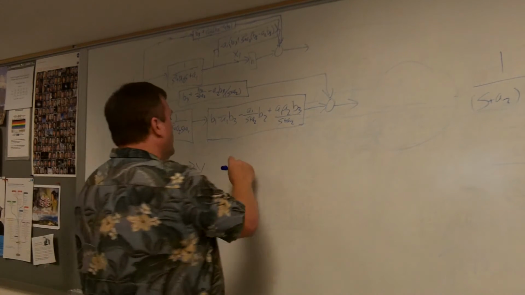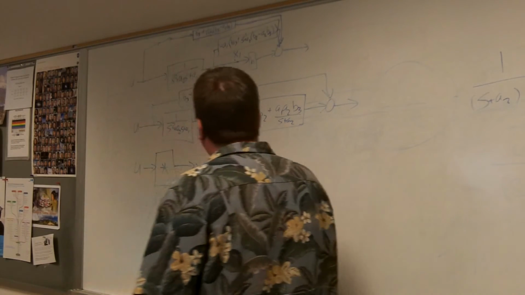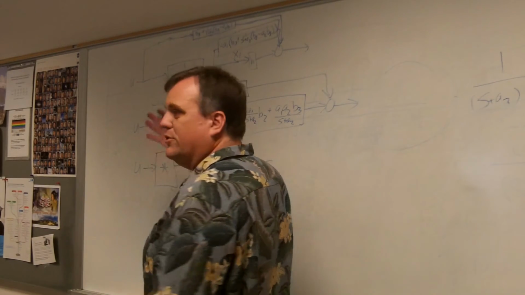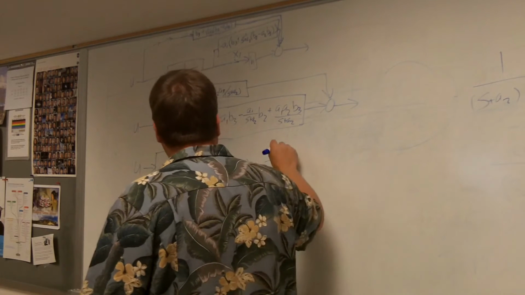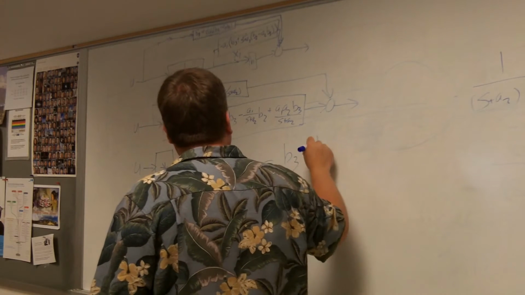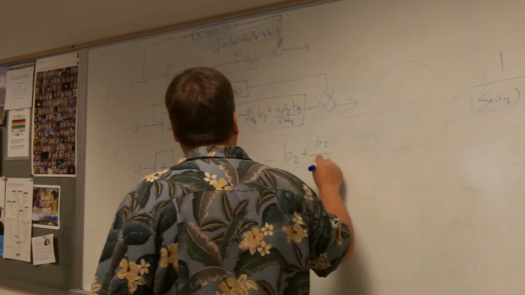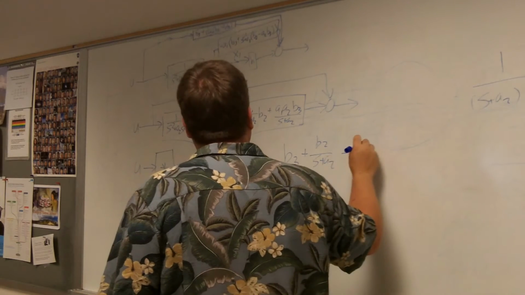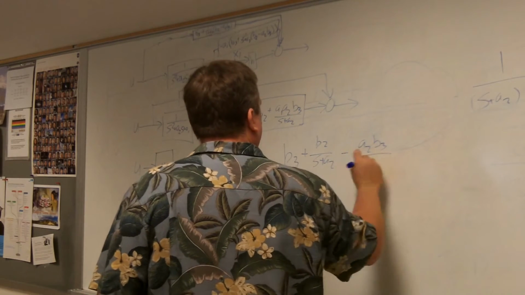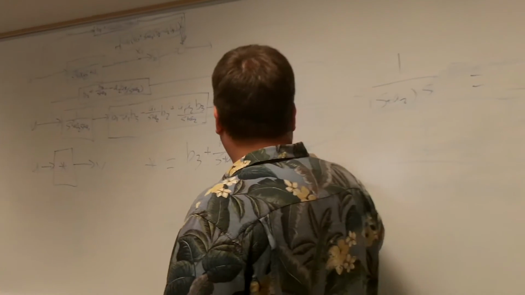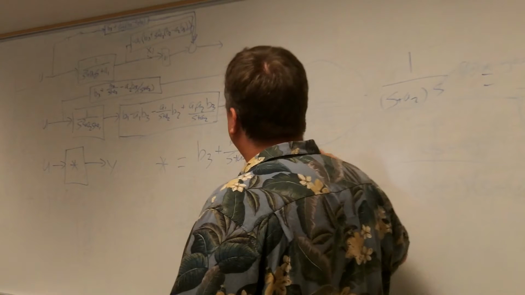Star gives me my output, where star is equal to, now I can off the side, so I have to keep drawing in boxes, B3 plus B2 over S plus A2 minus A2 B3 over S plus A2. And that's the top.